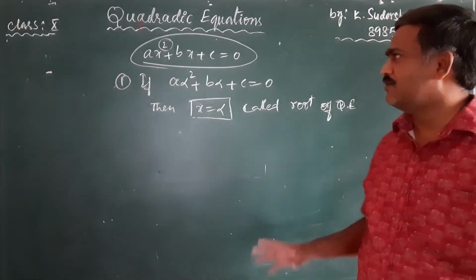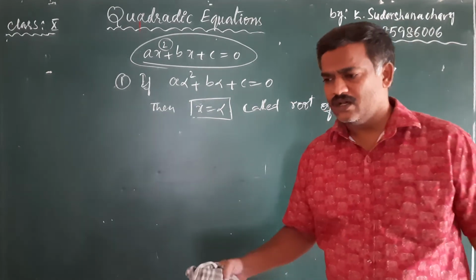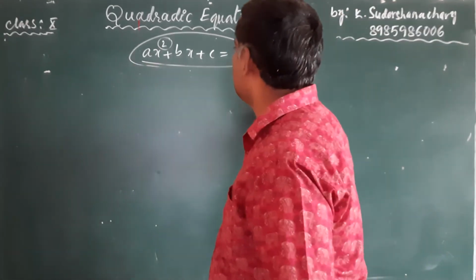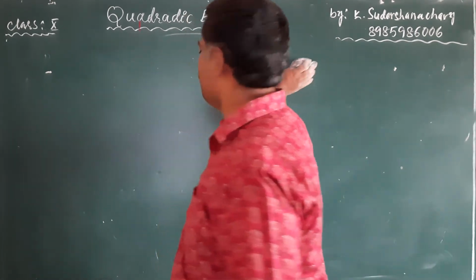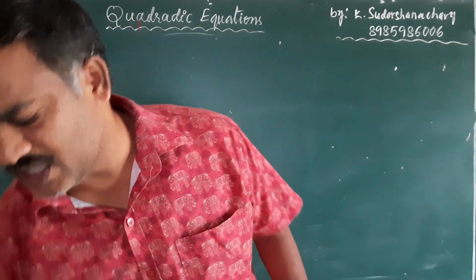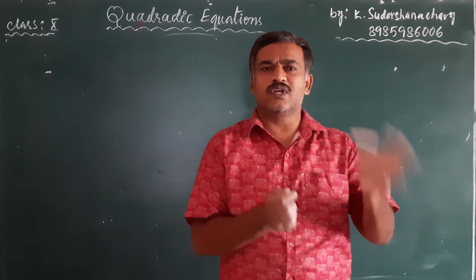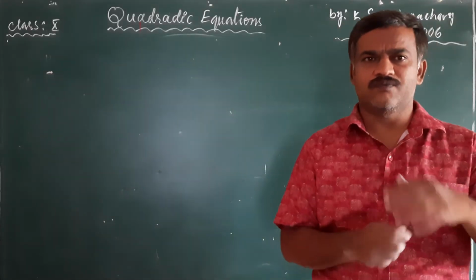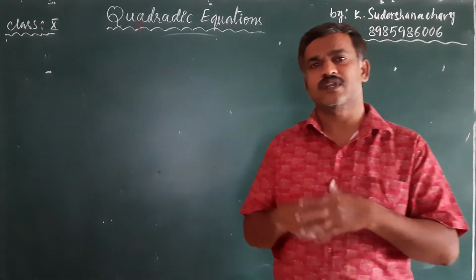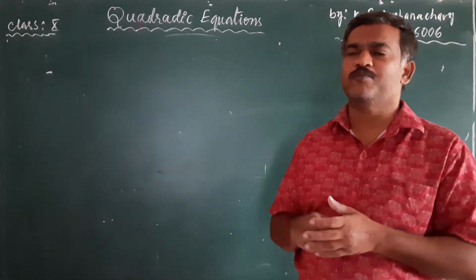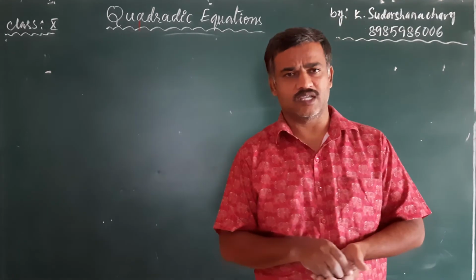Okay, so here the 5.1 exercise is completely framed based on what a quadratic equation is. They test how the children know about the quadratic equation and the standard form of quadratic equation. To check that, they prepared the 5.1 exercise.